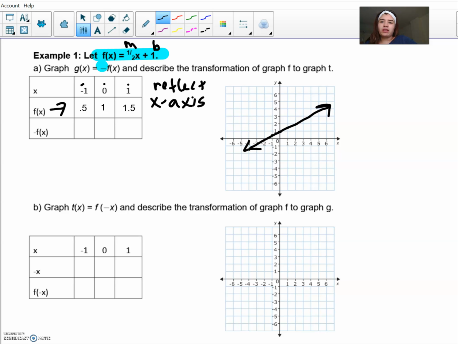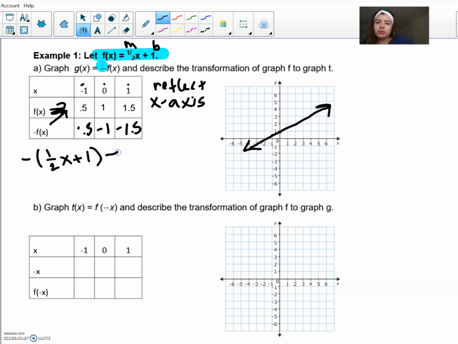So now we're applying a negative to the whole function. So what we have to do is either take a negative to each of these points, which would be -0.5, -1, and -1.5, or we can apply a negative to our whole function.